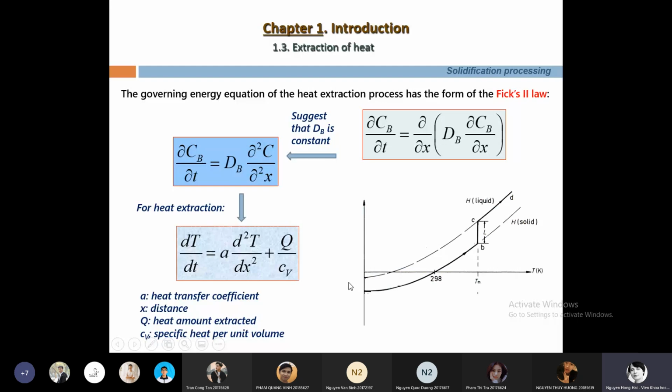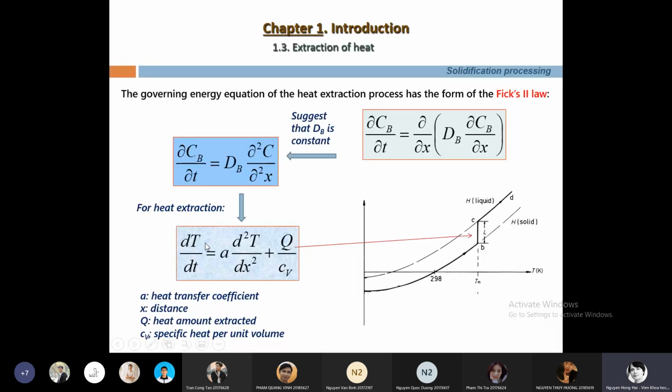And here, this one comes from the latent heat of the metal. So we can write the governing energy equation for the heat extraction.